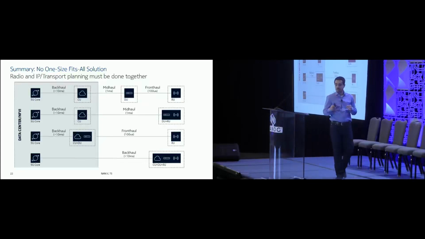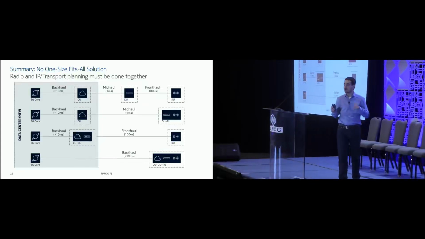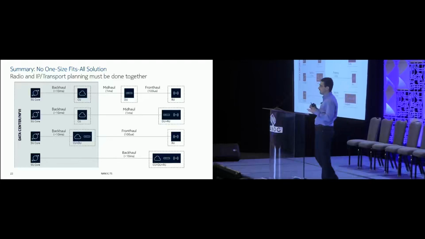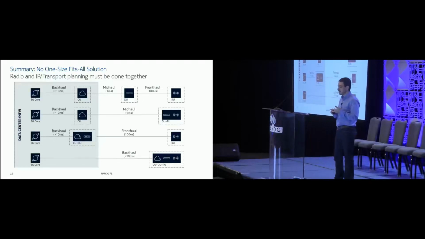You could have either the top one where you have the core, and then you have all three elements deployed in a very decentralized way. So you have the CU, the DU, and the RU. And in that case, you need to create a front haul, a mid haul, and a back haul network. Always remember that the CU and the core will typically sit in a data center, right?